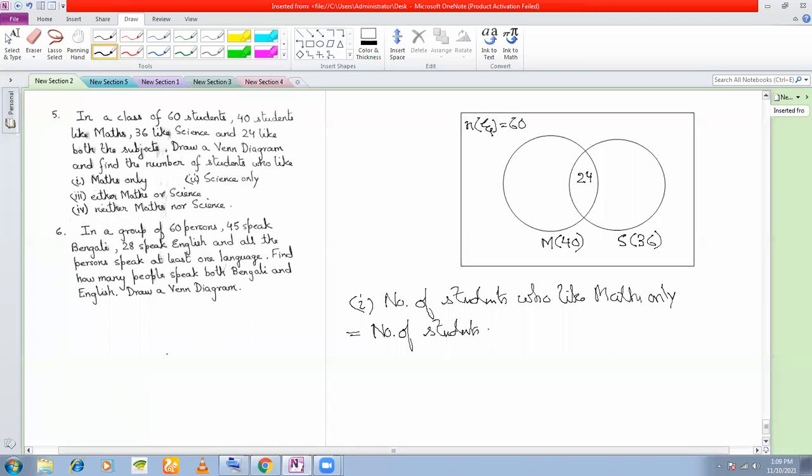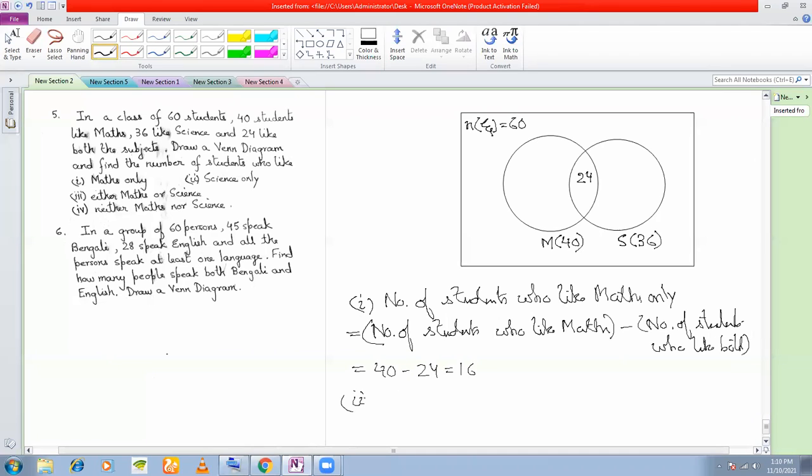How? 40 minus 24. Yes. So number of students who like maths minus number of students who like both, which is equal to 40 minus 24, which is 16.